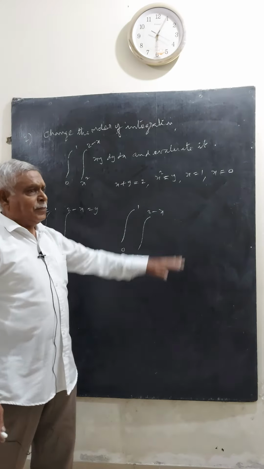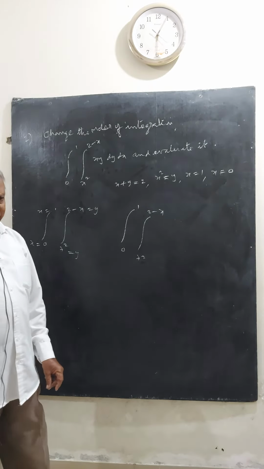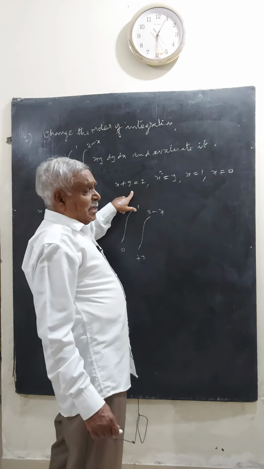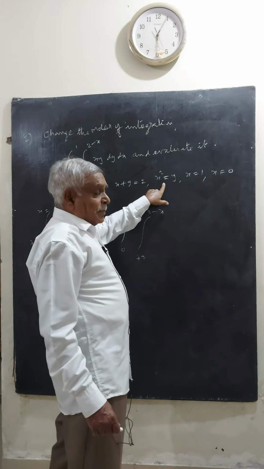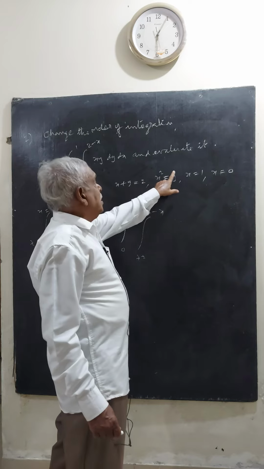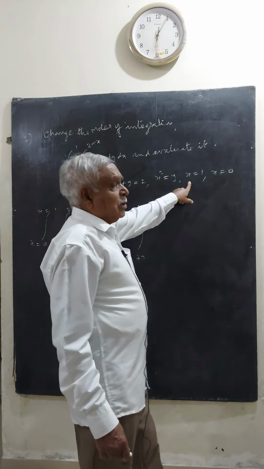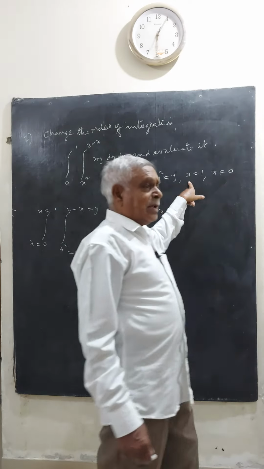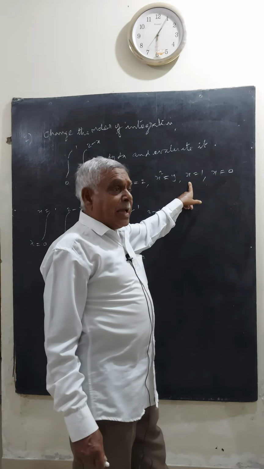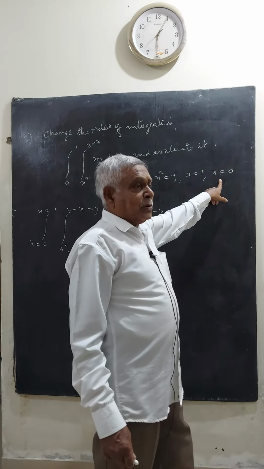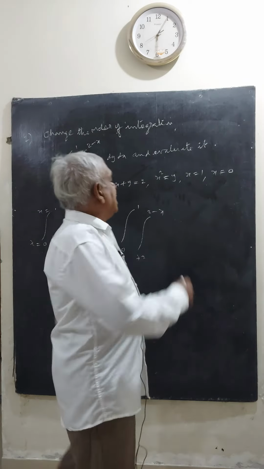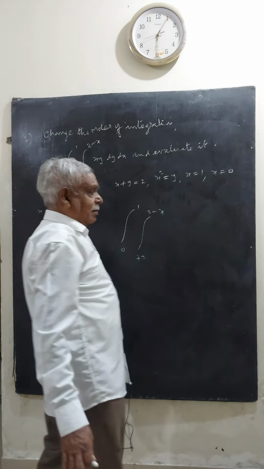By taking all these 4, we can draw the diagram. This is the equation of a straight line. This is a parabola, one power is 2, another power is 1. Therefore, this is a parabola. x equal to 1 is a straight line parallel to the y axis. This is x equal to 0, equation of the y axis. These are all the equations of the curves.